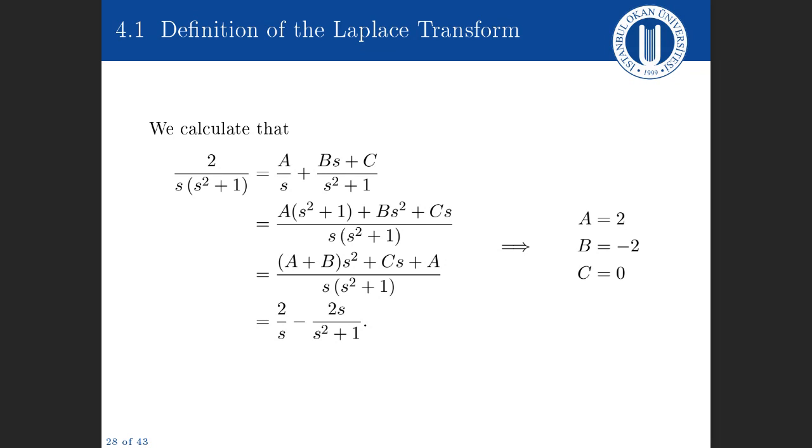So in partial fractions, our function is the same as 2 over s minus 2s over s squared plus 1.